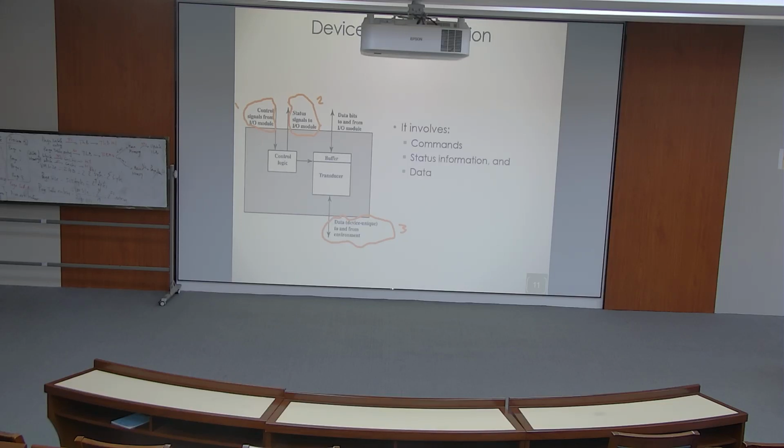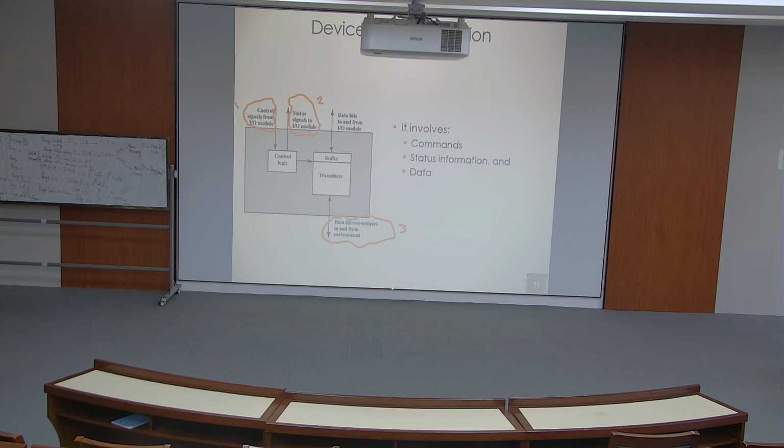Then for the third step, the processor will require the device to send the data transfer request to the device. Then the device will reply with a data unit that needs to be sent from the device to the processor via the input-output module. And the data unit needs to be 8 or 16 bits, depending on which kind of device is in communication with the processor.